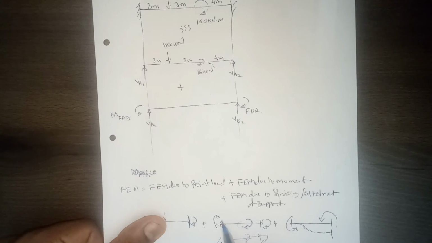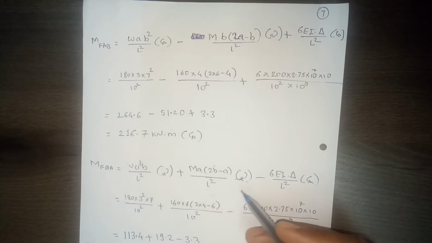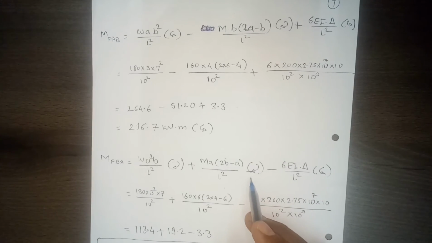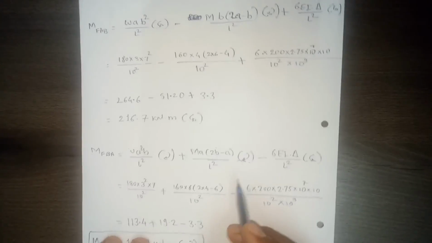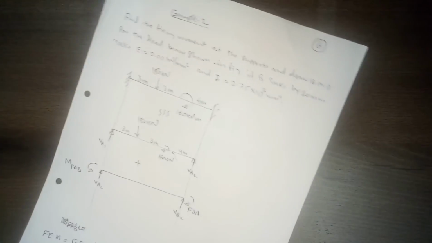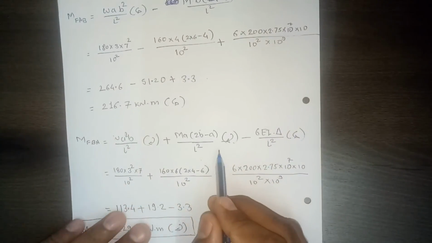If it is anti-clockwise, then this support moment will also be anti-clockwise, and the formula will remain as it is. Only this direction gets changed. But since here the moment is clockwise, this fixed end moment will also be clockwise.